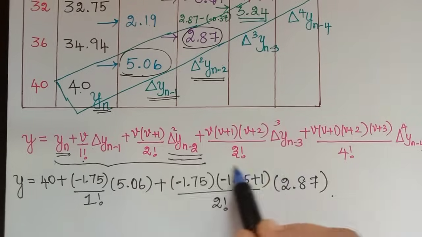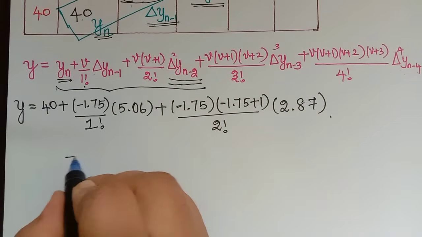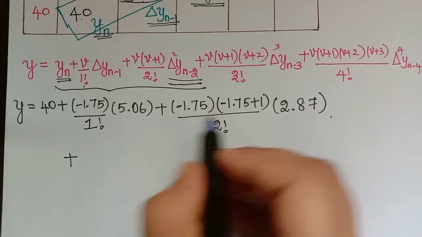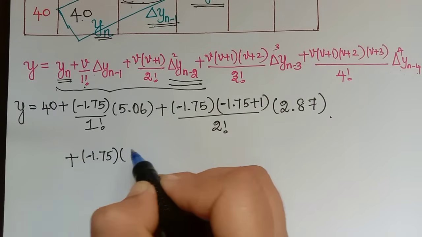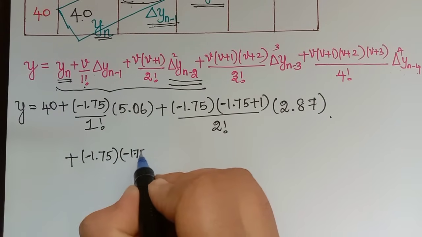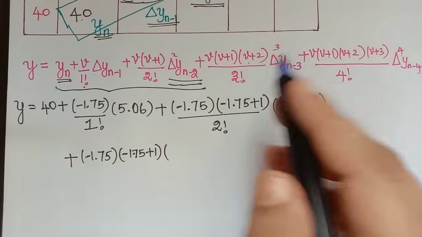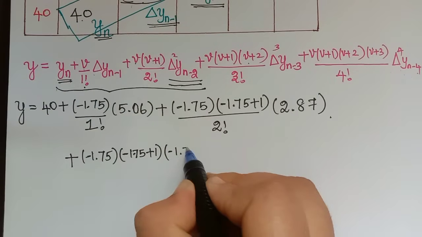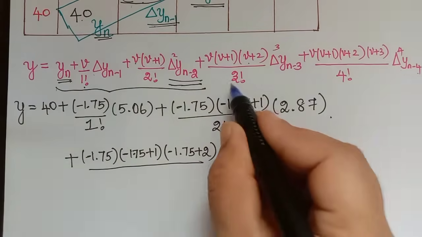Now next we should evaluate this term. So plus v into, the value of v is minus 1.75 multiplied with v plus 1. So minus 1.75 plus 1 multiplied with v plus 2. So minus 1.75 plus 2 divided by 3 factorial.